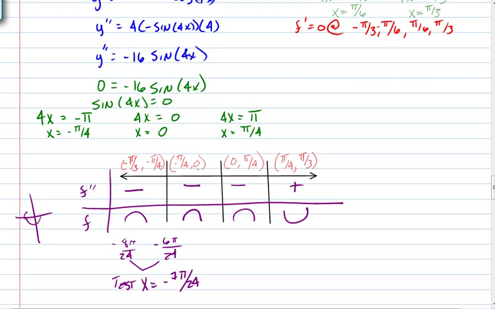Right here, negative pi over 6. Give me a decimal for negative pi over 6 and negative pi over 4. Is negative pi over 6 in between 0 and negative pi over 4? Yeah, because 1/6 is smaller than 1/4, isn't it? Yeah, it is. So if I did pi over 6, that would be 2 pi over 3.